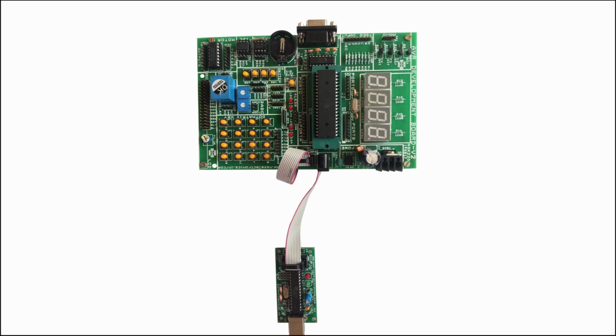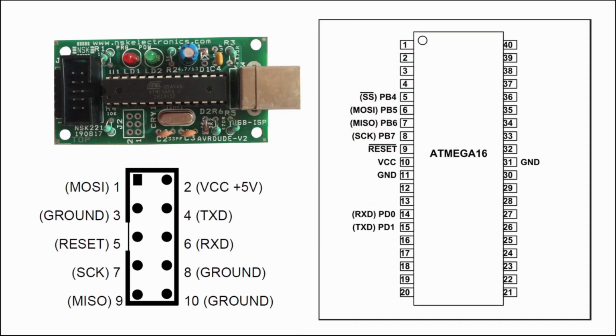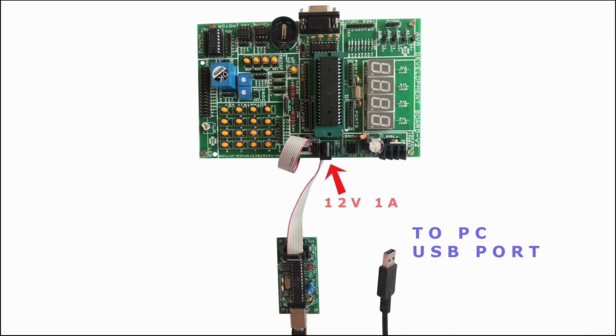If you are not having a development board, or if your development board is not showing this JTAG terminal, you can directly connect the terminals of USB ASP programmer to your microcontroller pin nodes as per this circuit diagram, and you can build this circuit in a breadboard for programming your Atmega 16 microcontroller. After that, power up your development board using external 12V 1A adapter.